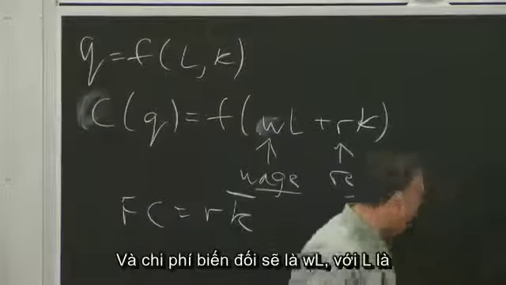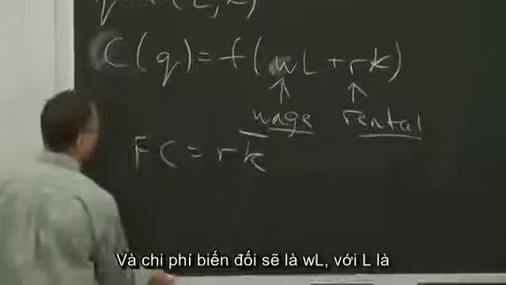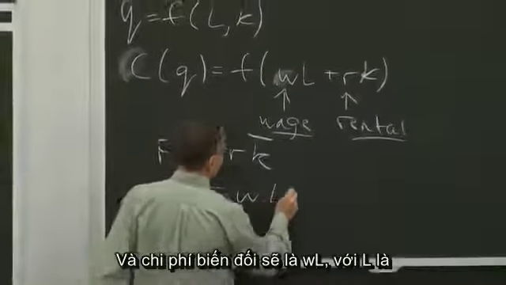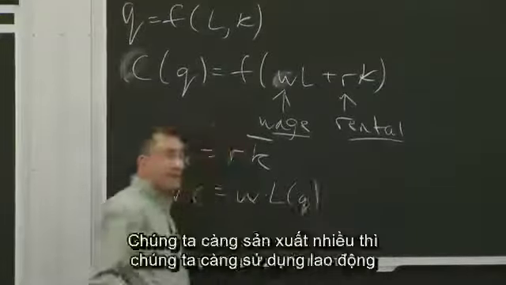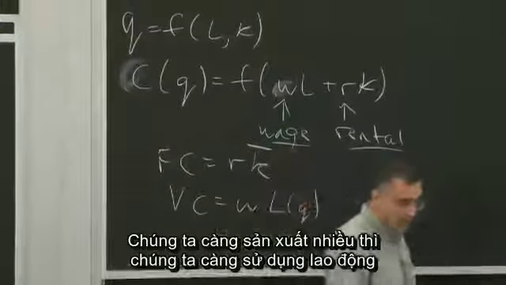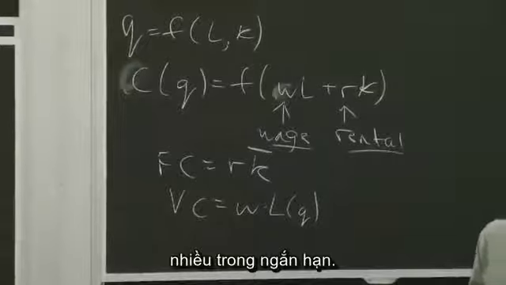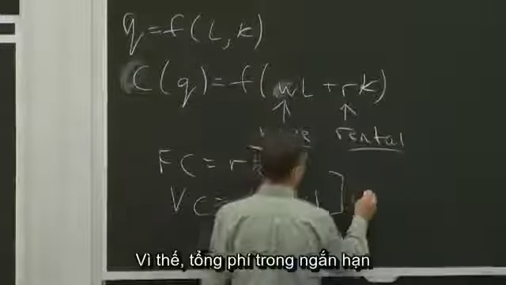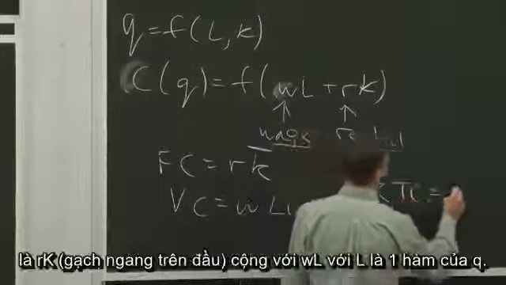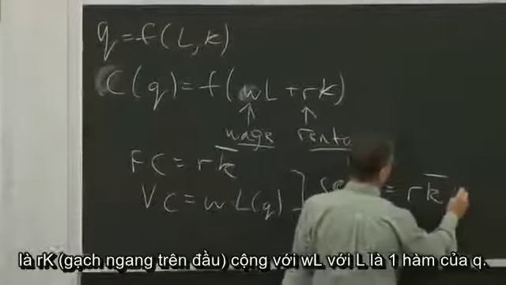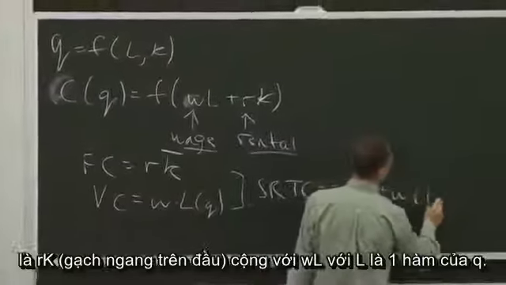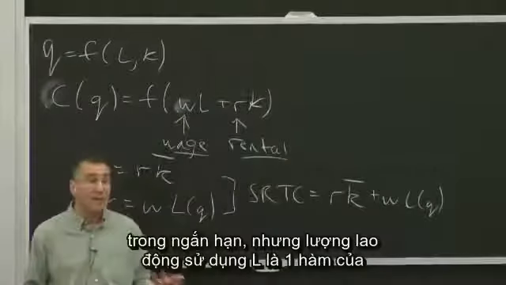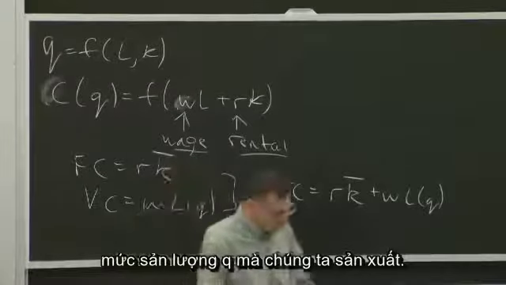And our variable costs are W times L, which is a function of Q. That is, the more you produce, the more labor you use in the short run. So total costs in the short run are RK bar plus WL of Q. K is not a function of Q because K is fixed in the short run, but the amount of labor used is a function of how much you produce.